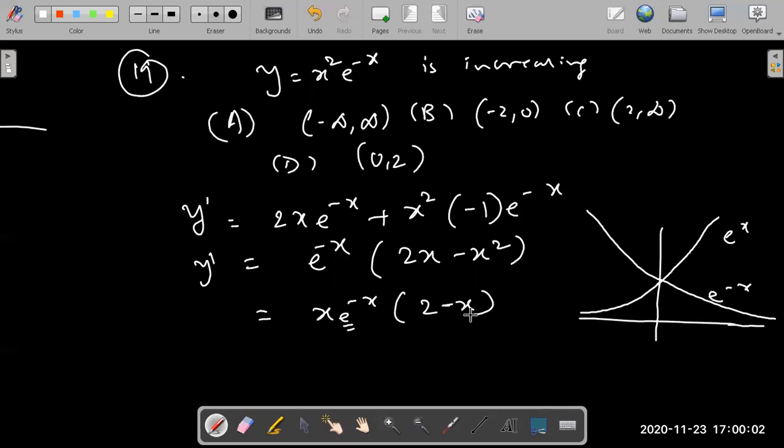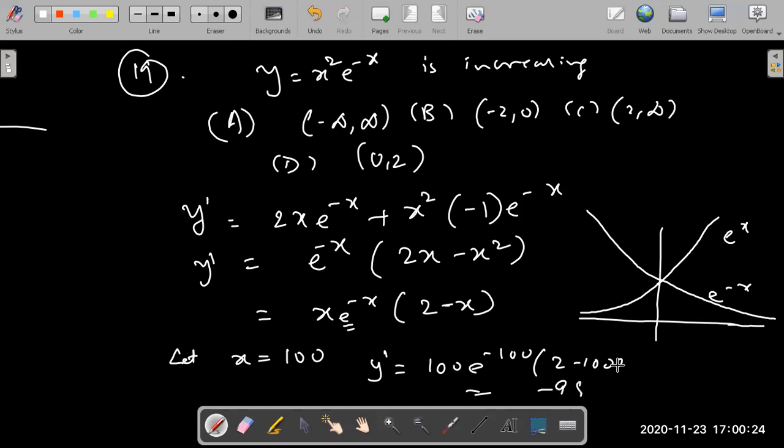And here, if you give x a much higher value, say for example 10,000 or something like that, let's say x is equal to 100. Then what happens? Y dash equals 100 e power minus 100 into 2 minus 100. So that becomes minus 98, so minus 9800 e power minus 100. Definitely a negative value. So y dash is becoming negative.